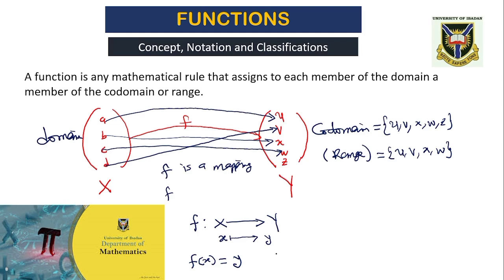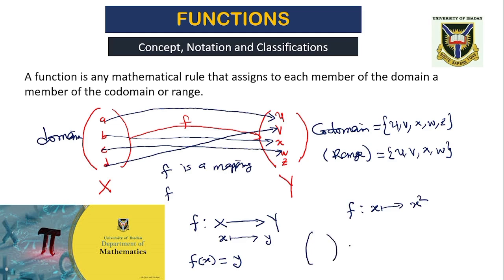A brief understanding and knowledge of functions, their concept and notation, and we'll soon look at the classification. But before we look at the classification, let me give us an example of a function. For example, we can have a function that is defined such that x is taken to x squared.